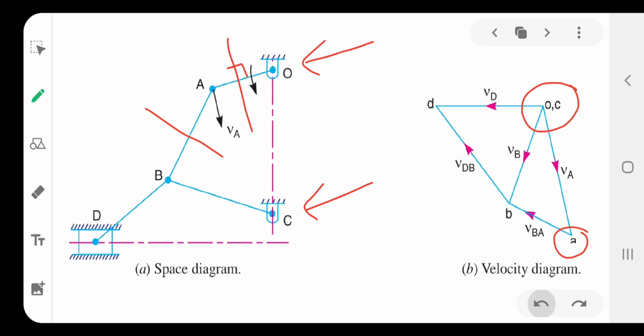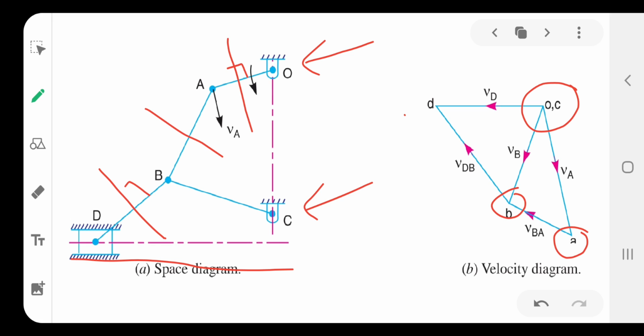After getting point B, draw a perpendicular to BD from point B, and also draw a horizontal line for the slider, because in this problem the slider moves only in the horizontal direction.